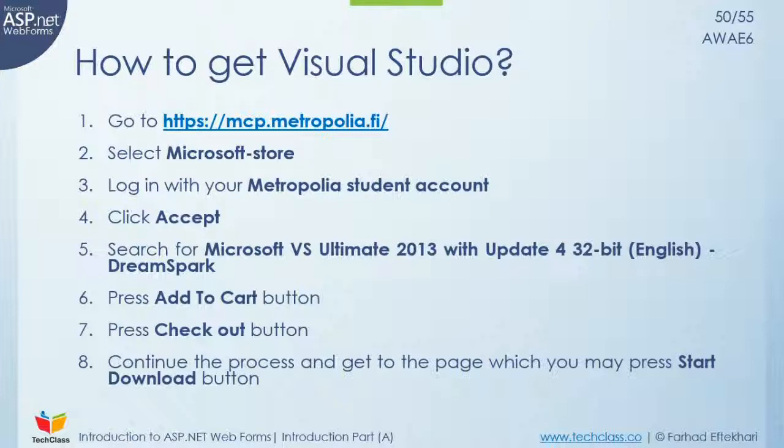And here is also a way to get Visual Studio from your Metropolia student account. Make sure to follow these steps and download and install Microsoft Visual Studio on your computer.